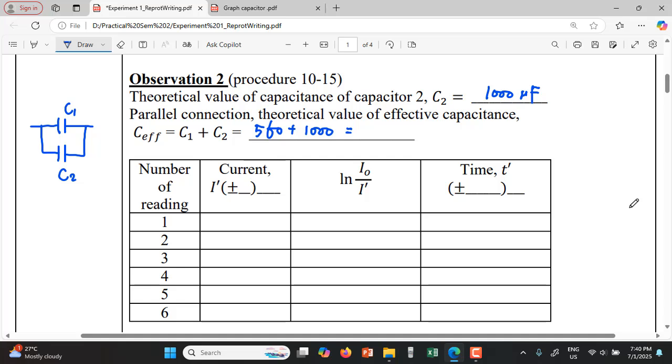So the theoretical value for the effective capacitance for observation 2, the second part of the experiment, will be 1560 microfarads. Again, the uncertainty for current will be 2 microampere. Then the time will be recorded up to 2 decimal places, 0.01 second is the uncertainty.